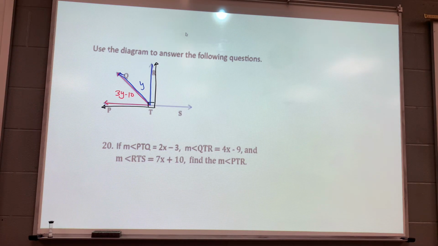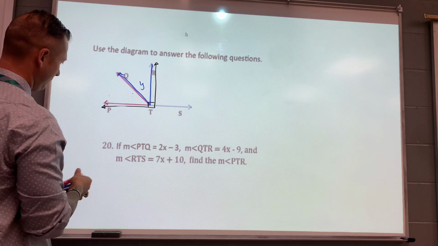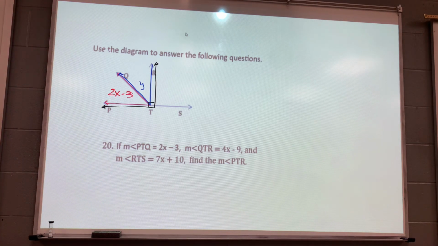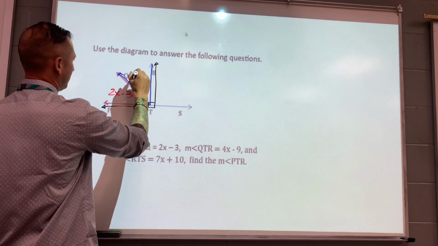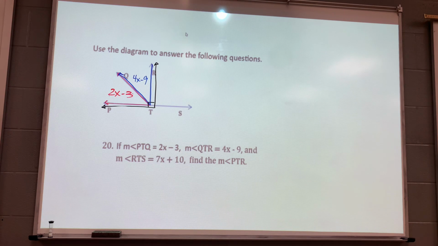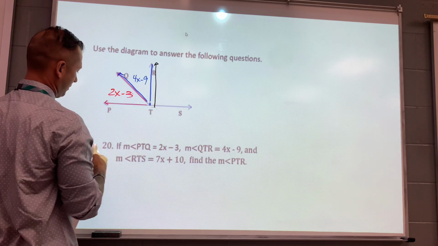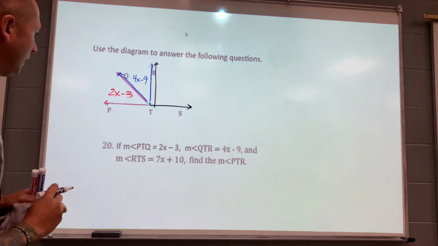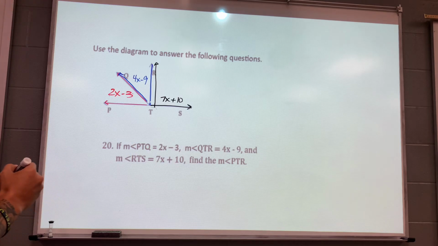If the measure of PTQ, the red one, is 2x minus 3, QTR, the blue one, is 4x minus 9, and RTS, that's this guy over here, is 7x plus 10, find PTR.